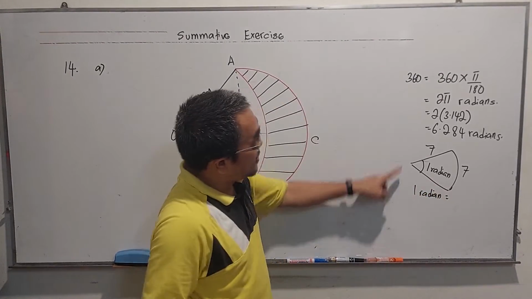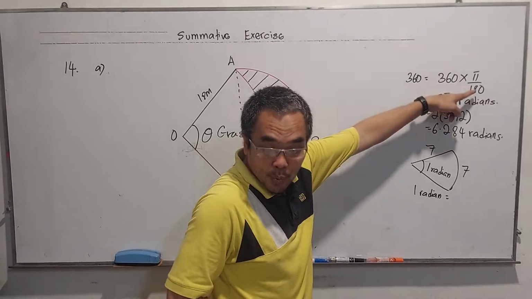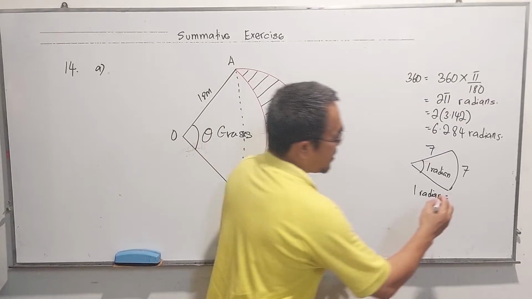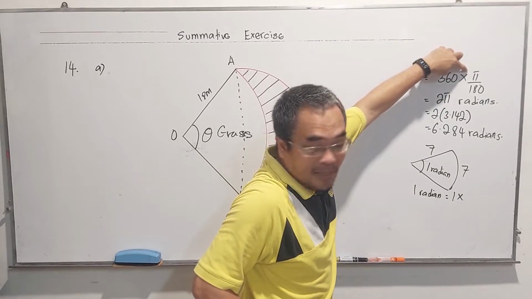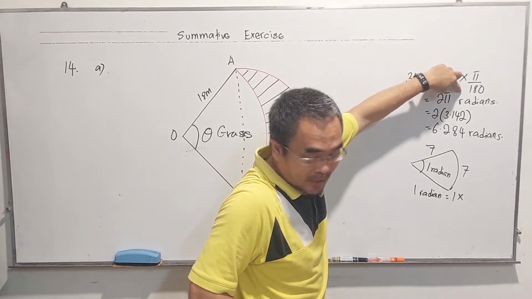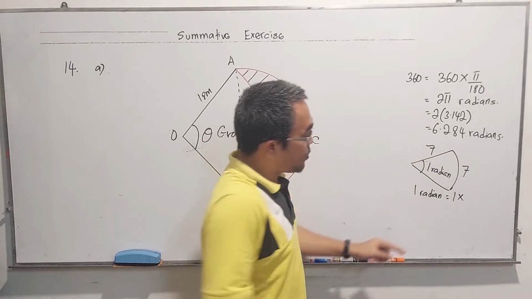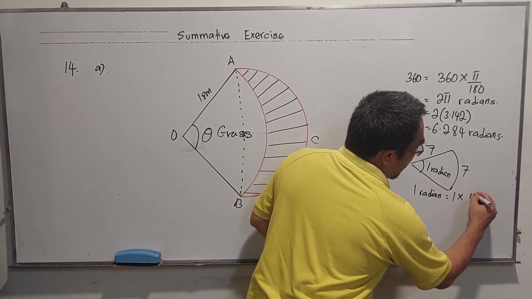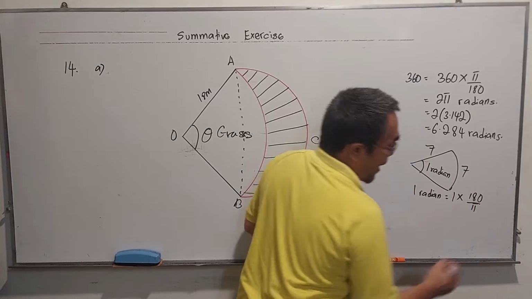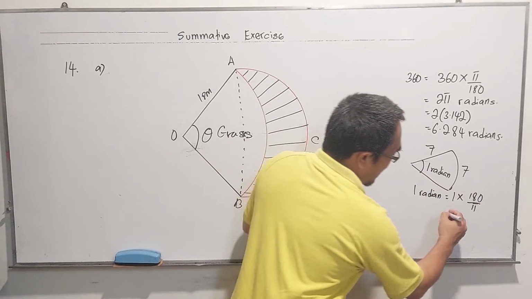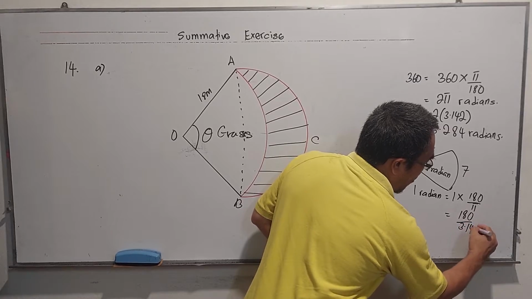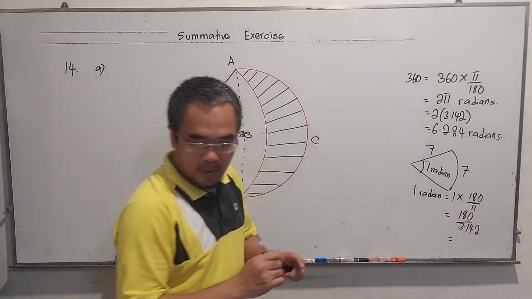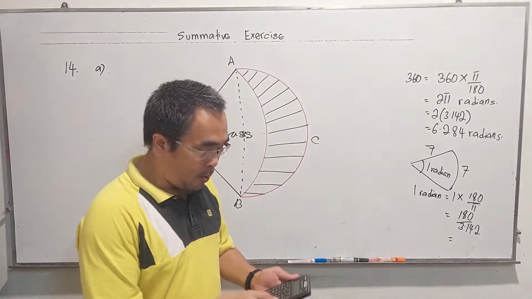Now, to change from degree to rad, you multiply by pi over 180. Rad to degrees will be 180 over pi, and usually we say 180 over 3.142, because pi is 3.142.